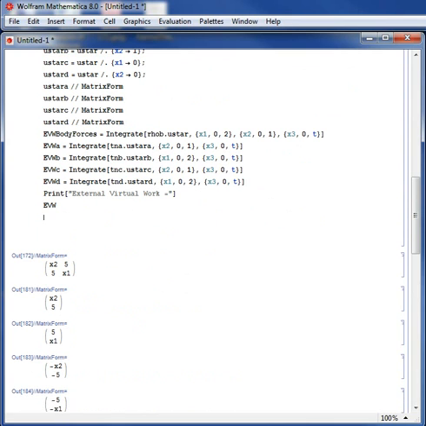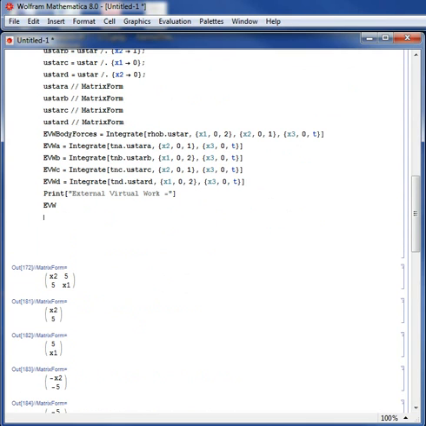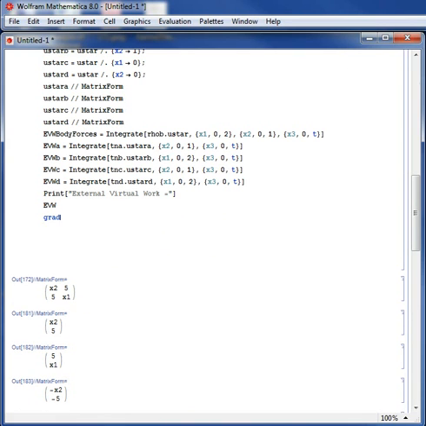So first, the epsilon star, which is the virtual strain, is calculated using the gradient of the displacement. So I'm going to take the gradient of u star, which is equal to the table of partial u by partial x. So I need to define x first. x is equal to x1, x2.